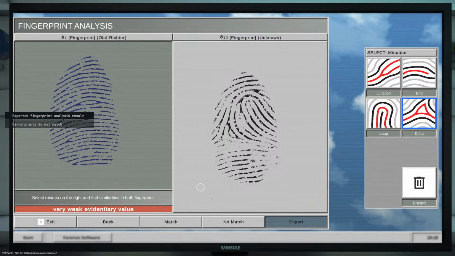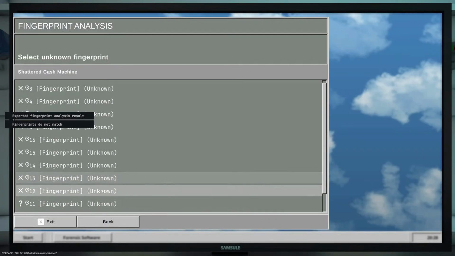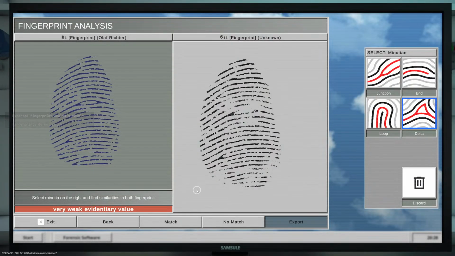So none of these are him. What are we gonna do? Oh, there he is. There he is. Then we would show up eventually, right? We got you, Olaf. We got you.